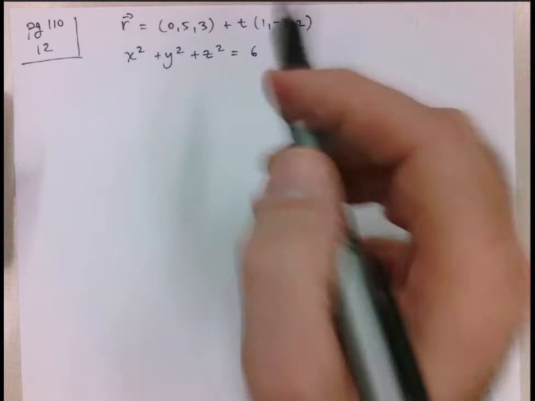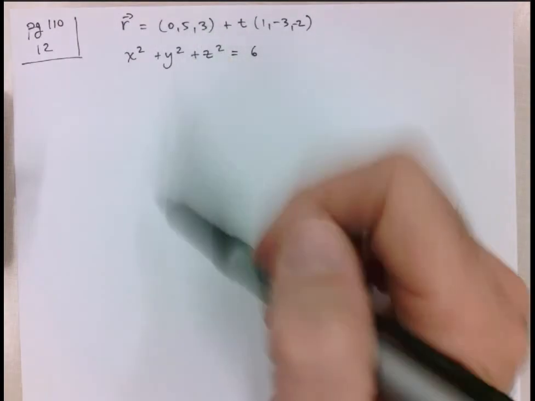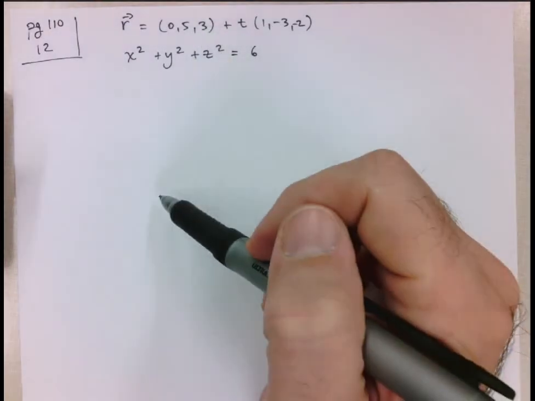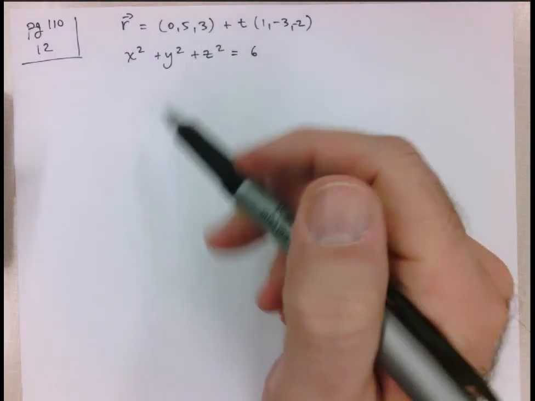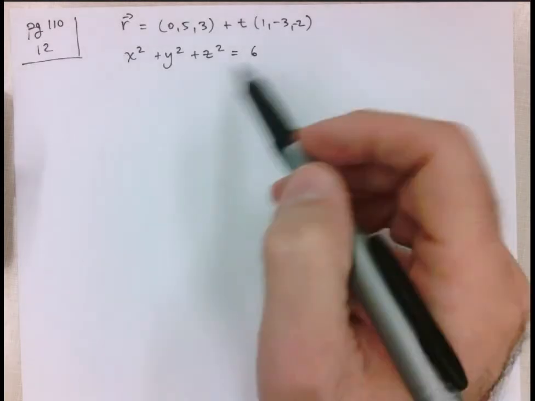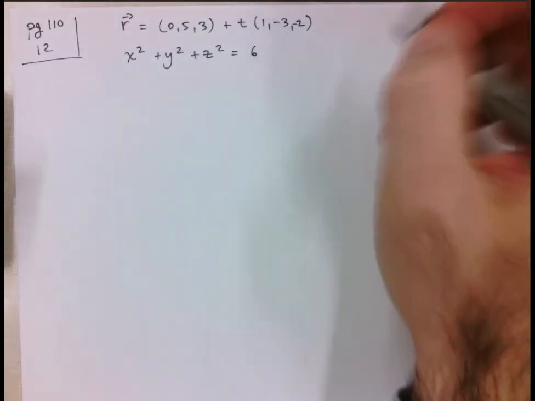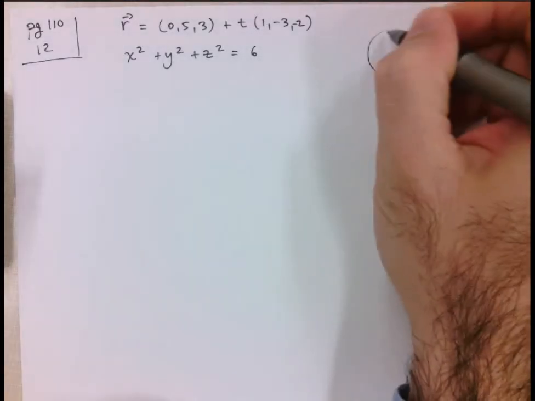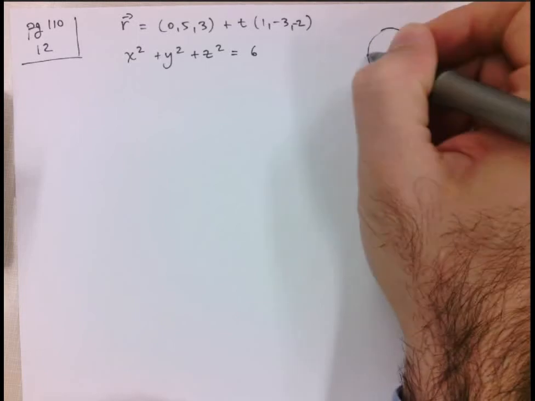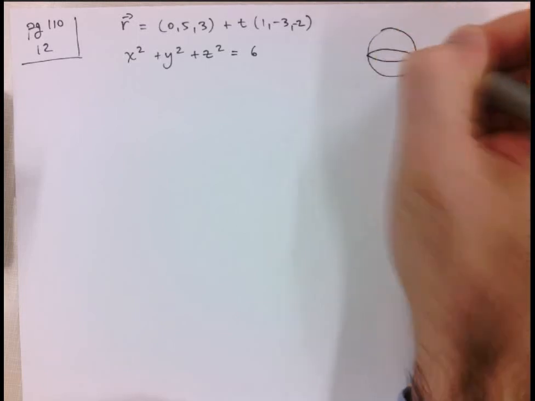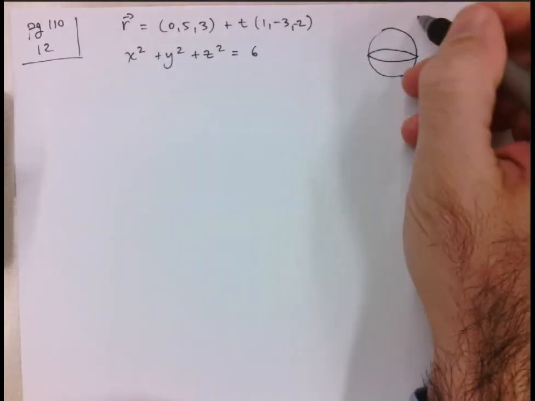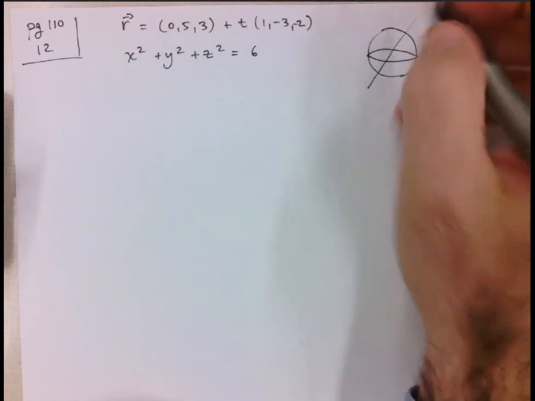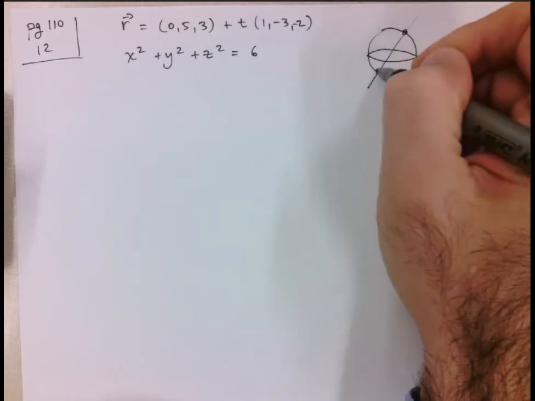But for now, we just want to determine the intersection between these objects. You don't really even need to know that this is a sphere, but since we do know, let's think about it. If you have a sphere and a line, and the line goes through the sphere, you're going to have 2 points of intersection.